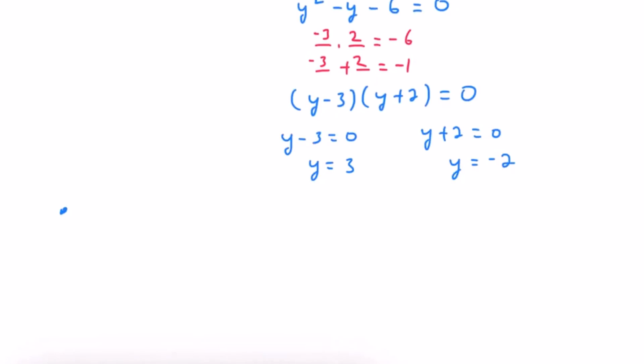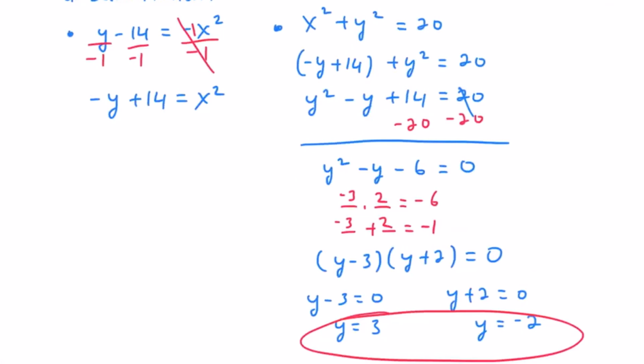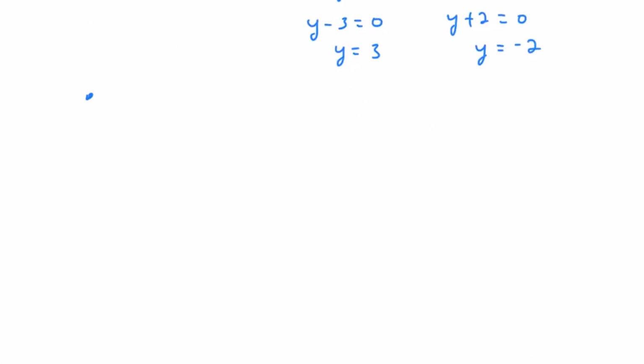So the next step is the answer in part 2, we need to put it into part 1. So part 1, we have x squared is equal to negative y plus 14. Let's start with y equal to 3. So we have negative 3 plus 14.